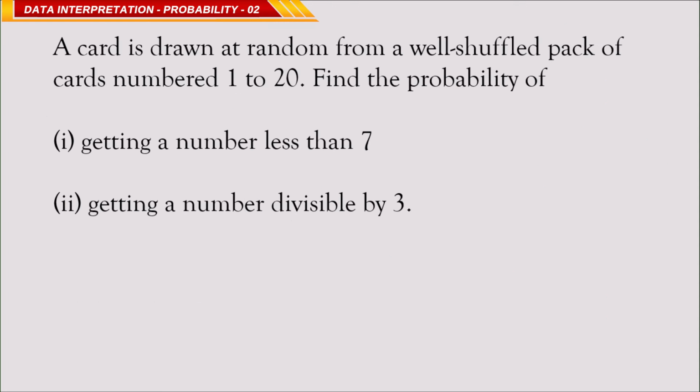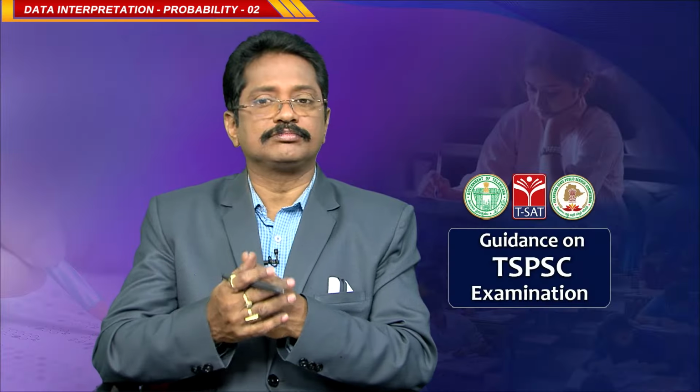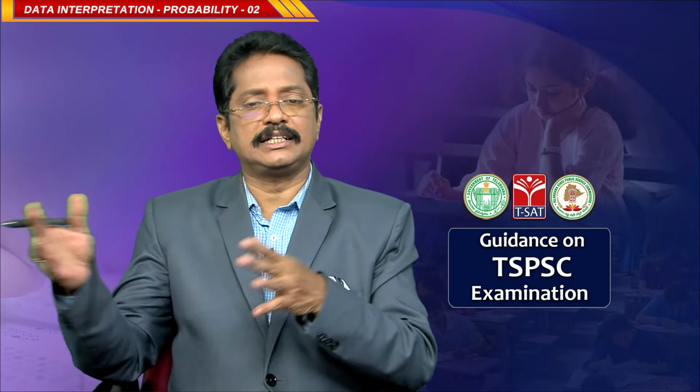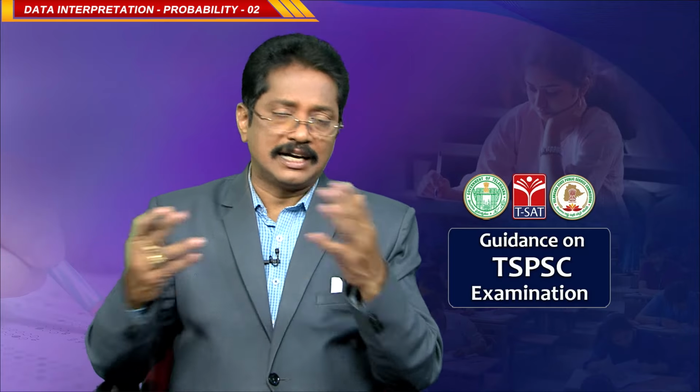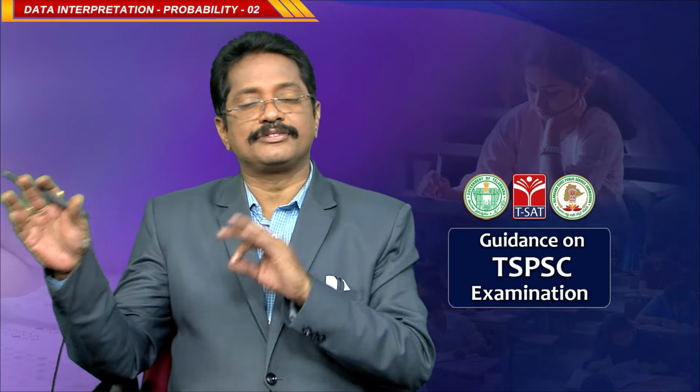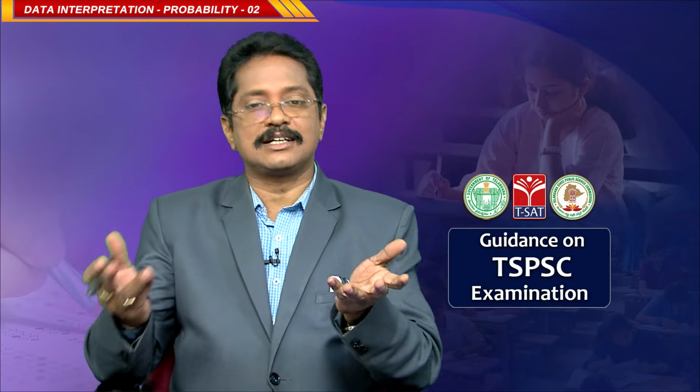Now we are shifting to the next area. Generally a box contains different cards, numbered or labeled as 1 to 90, 1 to 20 or something else, otherwise a deck of cards. So don't get confused. A deck of cards is meant for playing cards, and generally we also use number cards.